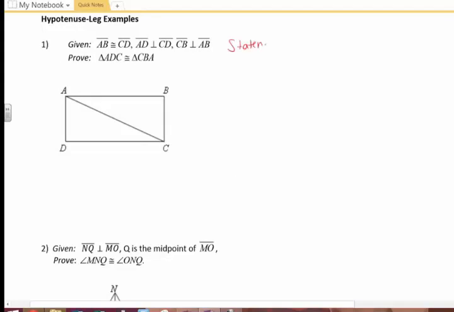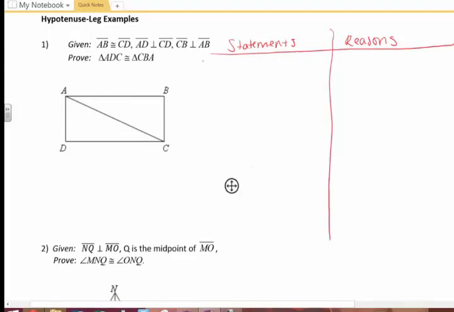I have statements and I have reasons. My statements are that AB is congruent to CD, AD is perpendicular to CD, and CB is perpendicular to AB. And that was all given to me.